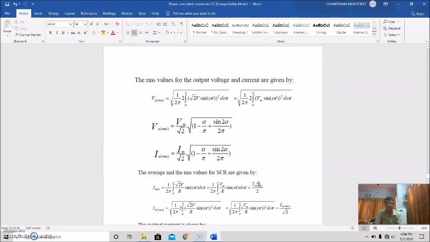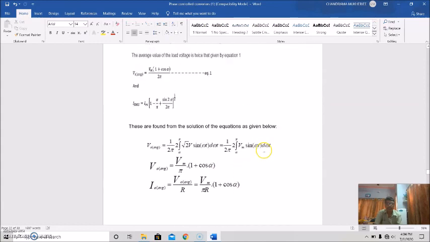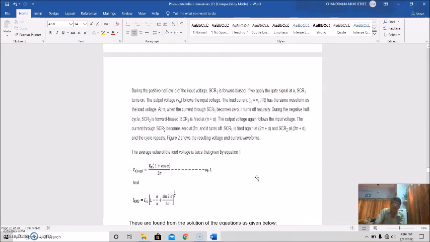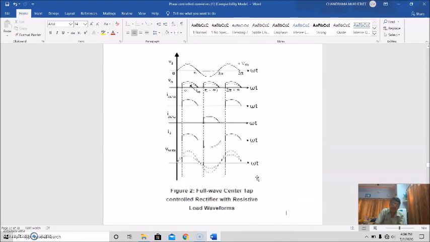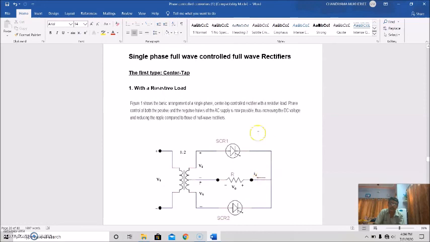So this is the first case, the center tap single phase full wave converter with resistive load. This is the center tap one with two thyristors.